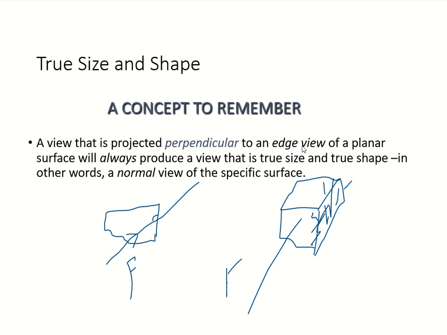So this is what we're talking about. Edge view of a planar surface will always produce a view that is true size and true shape. In other words, normal. Normal, we usually fill this one with a color. Remember, so this is your normal view. You usually show this little point as a point where your line of sight is perpendicular to that plane. And that's what we're talking about.